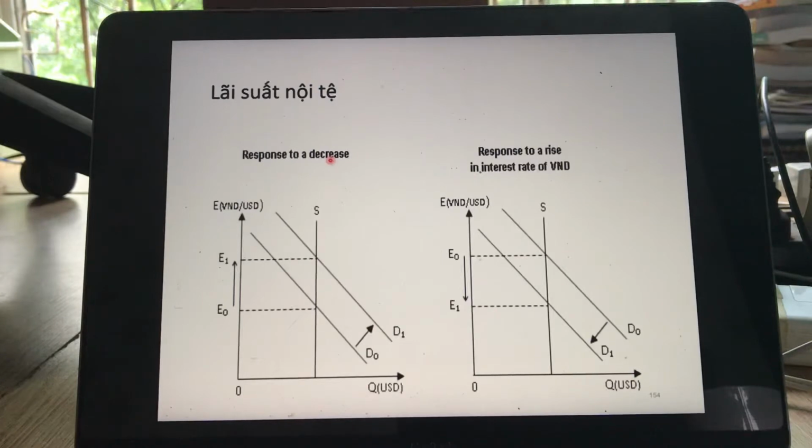When the domestic interest rate decreases, how does it affect the exchange rate, by using the demand and the supply of the financial asset?